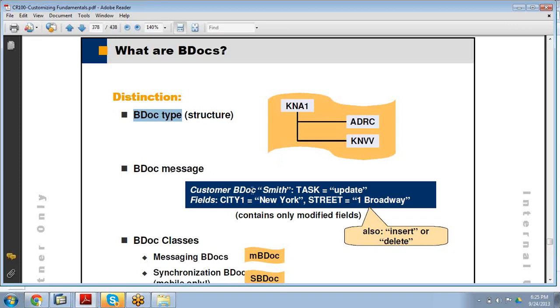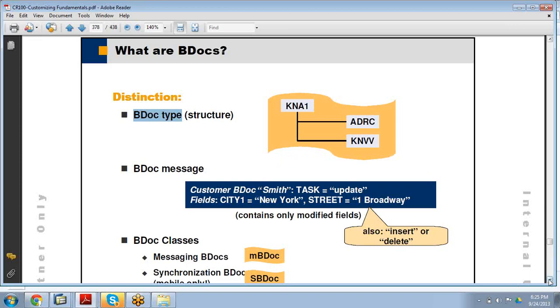So this BDoc message is going to contain only modified fields. Suppose his city is changed and street is changed, but all the other data remains the same. So Smith's city has been changed, the address has been changed, the rest, the customer number, will not change.